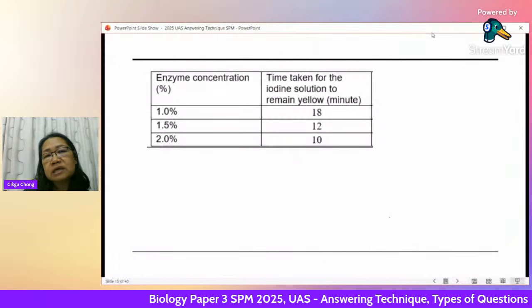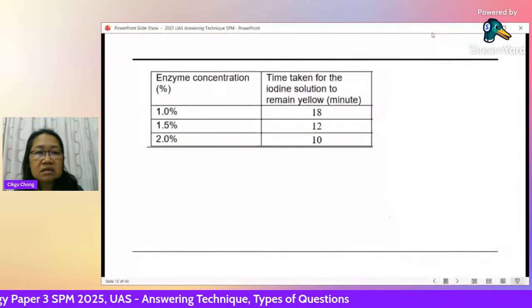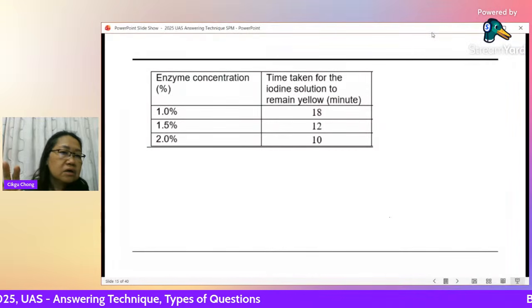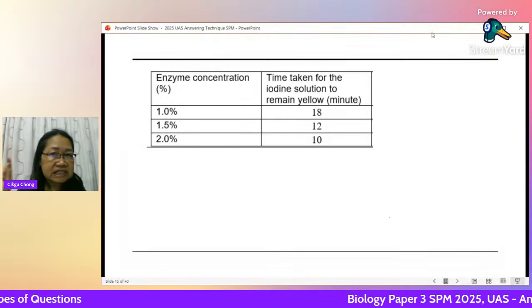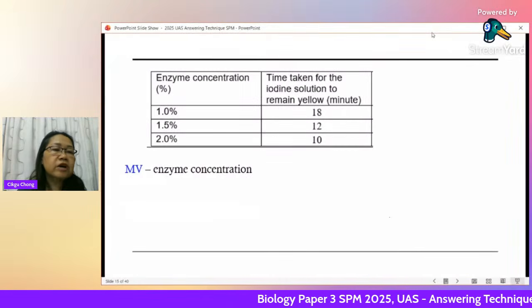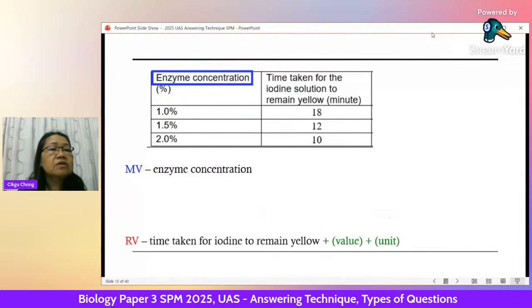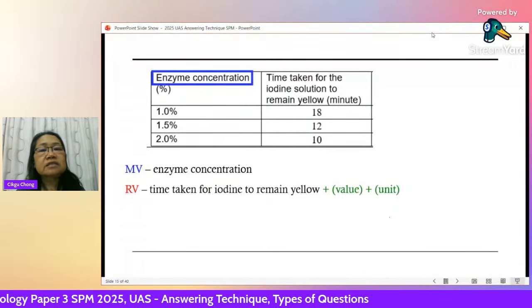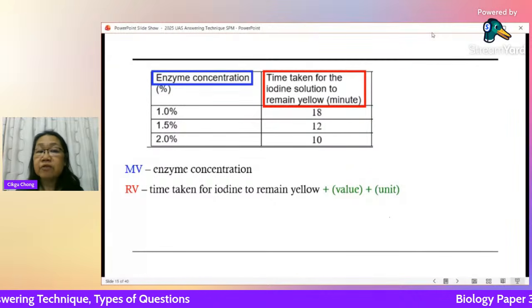When the enzyme concentration is 1.0%, the time taken is higher. No need to compare. Just make a statement from here. So here you have enzyme concentration as your MV, so give a value. And time taken also has a value here, 80. So make a sentence from there.